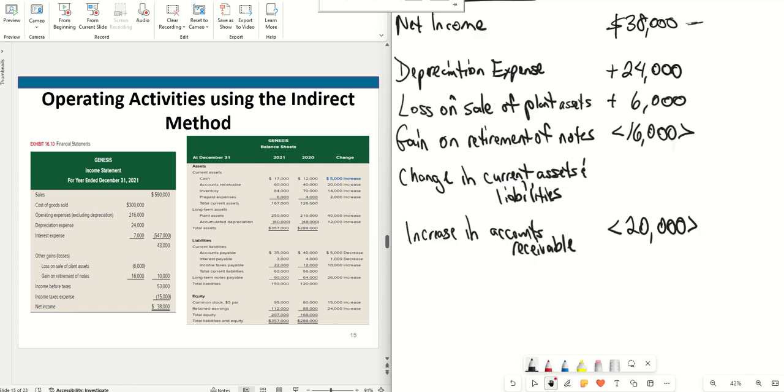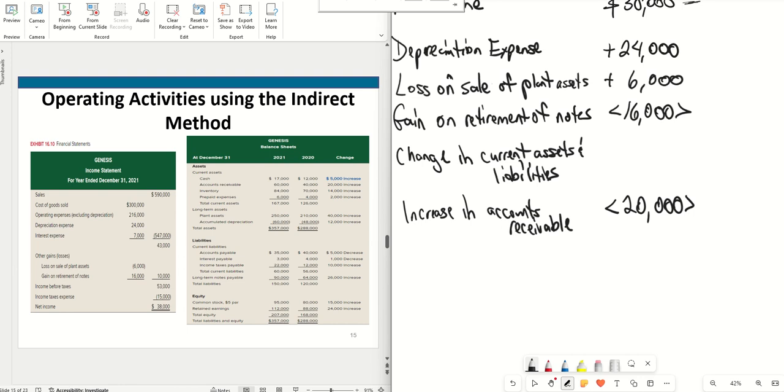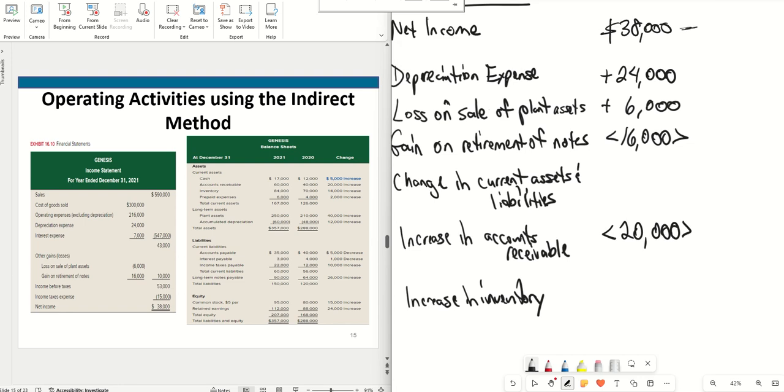All right. Next, we have inventory. So we see that inventory has an increase of $14,000. So, increase in inventory of $14,000. Okay. So when it comes to inventory, when you increase inventory, that means that you purchased more inventory.